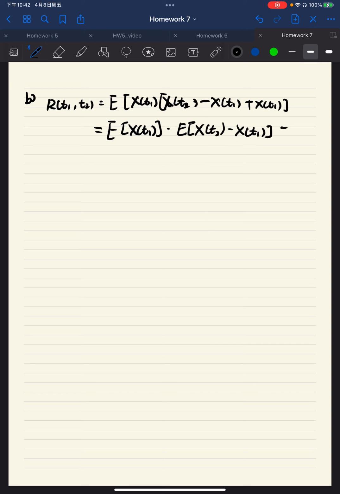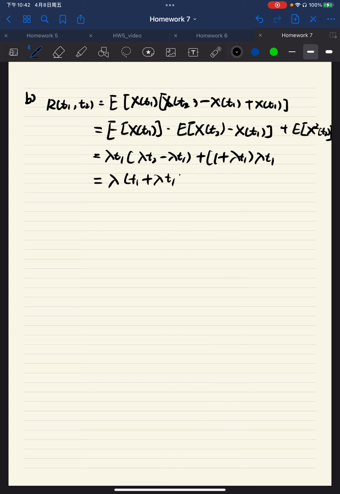plus the expected value of X squared(t1), which is equal to lambda t1 times lambda t2 minus lambda t1, plus 1 plus lambda t1, which simplifies to lambda times t1 plus lambda squared t1 t2, when t2 is larger than or equal to t1, to make all the formula positive.